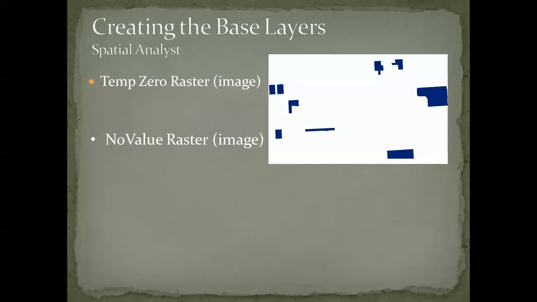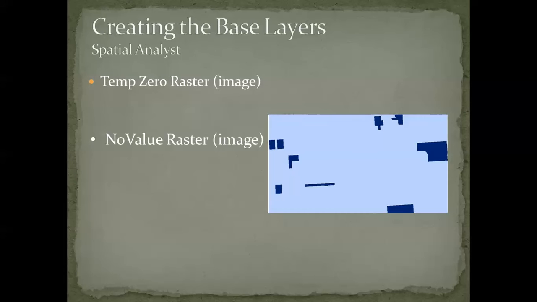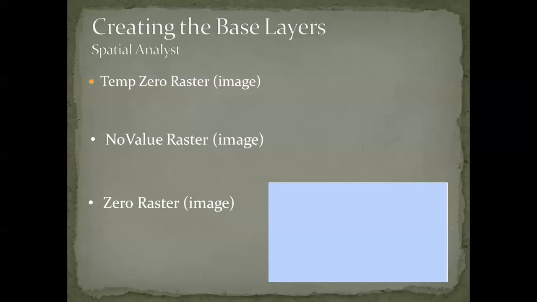Next is the is-null or no value raster. With this, instead of assigning a numerical value to some cells within the image, the software just leaves them blank. And finally, the zero raster. In this visually stunning masterpiece, all of the cell values are the same, making the entire image the same color.